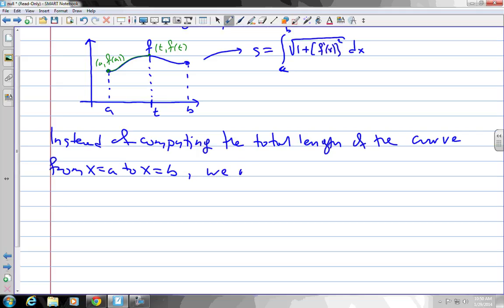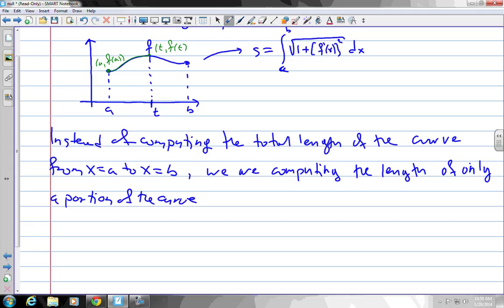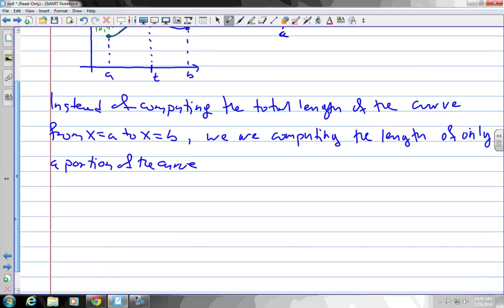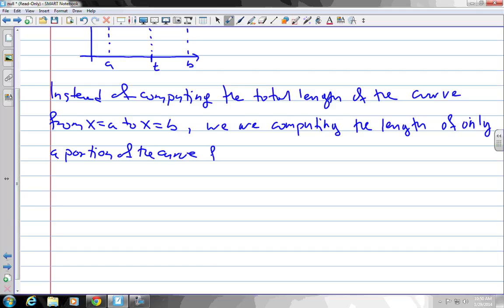So we are computing the length of only a portion of the curve from x equals a to x equals t.